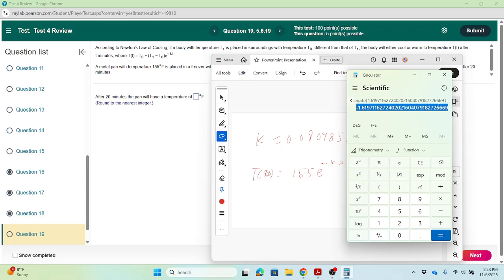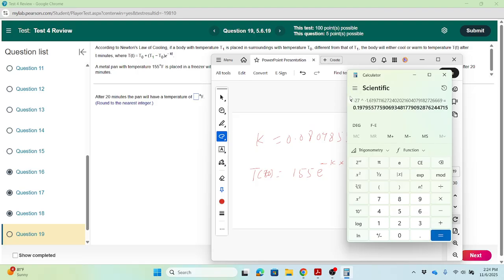So I'm just going to copy that. e to the power of the number we just calculated, negative 1 point something.